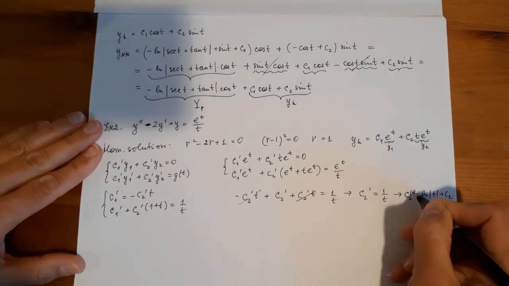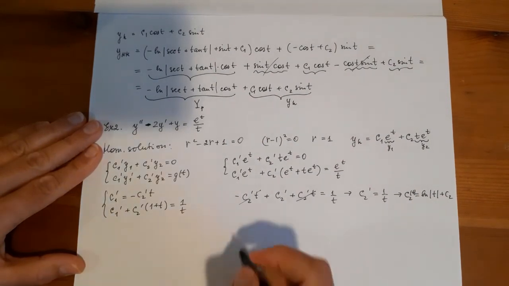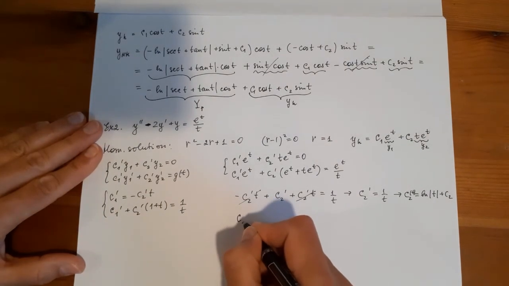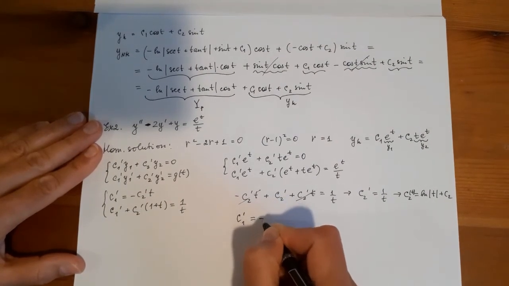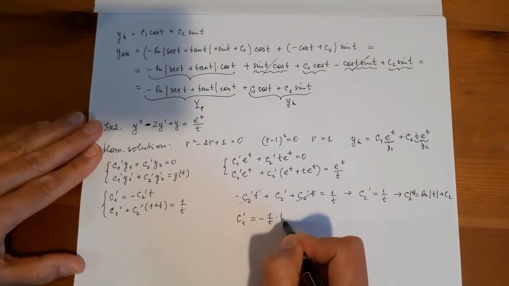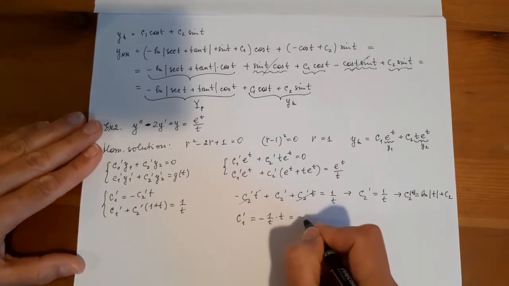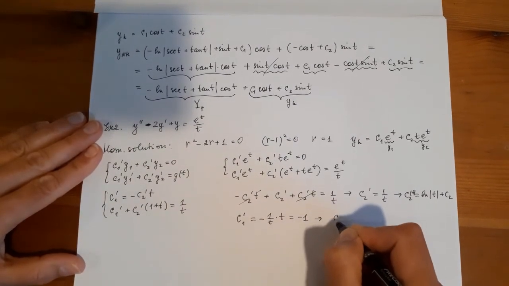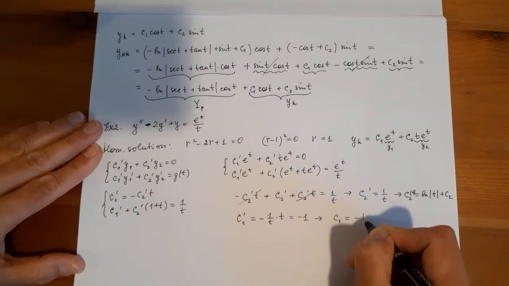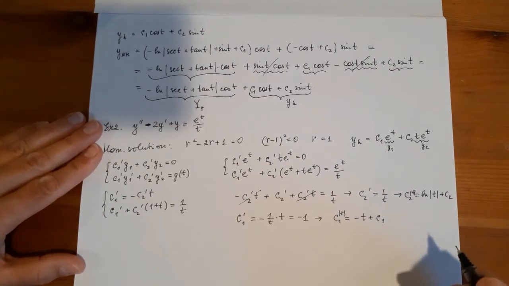This c2 is a function of t, but this one is the real c2. Not bad. Let's do c1. Well, for c1, we're going to have c1 prime equals minus c2 prime times t, which is 1 over t multiplied by t, going to be negative 1, meaning that c1 is going to be minus t plus c1 as a real number constant.